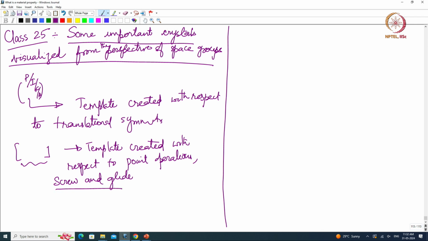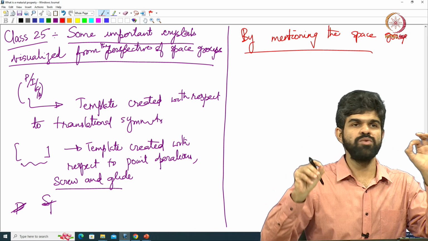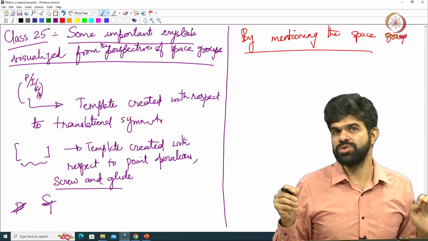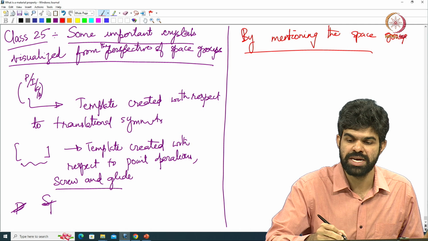So essentially, by mentioning the space group and looking at the tables, I exactly know what point has what symmetry, so which point in a unit cell has what sort of symmetry.